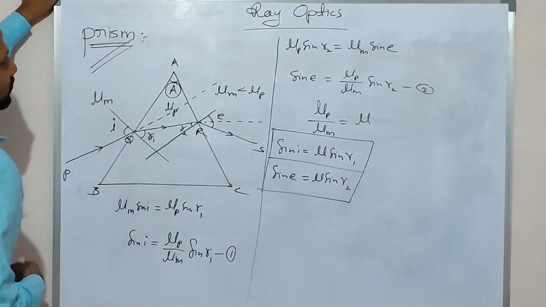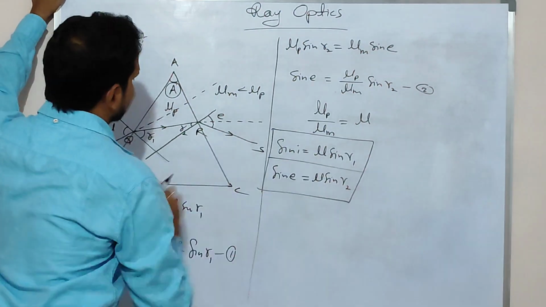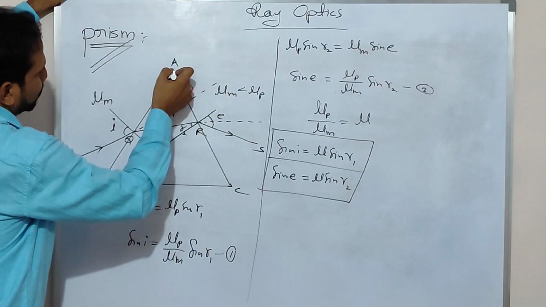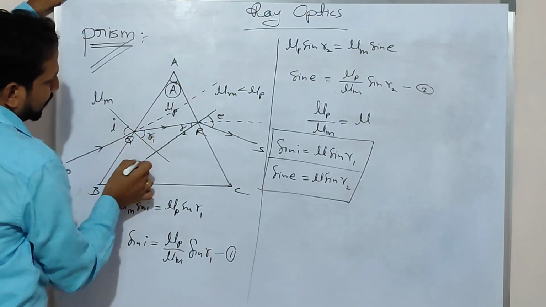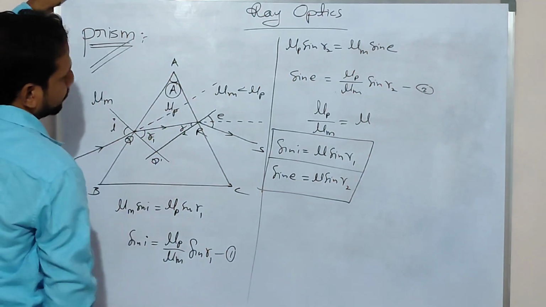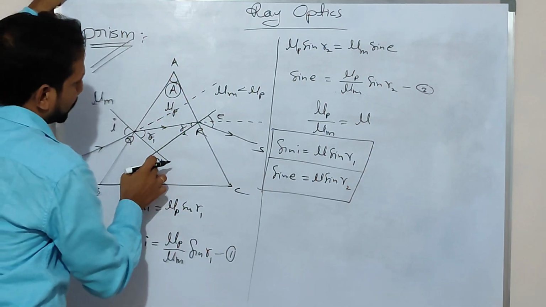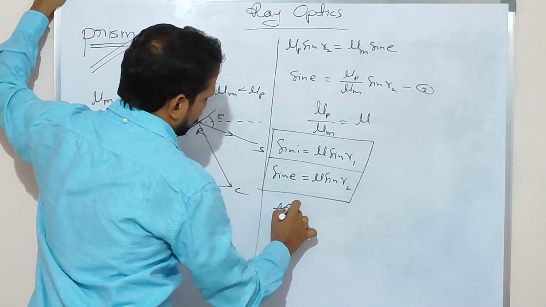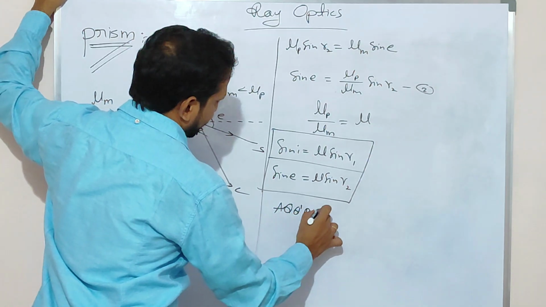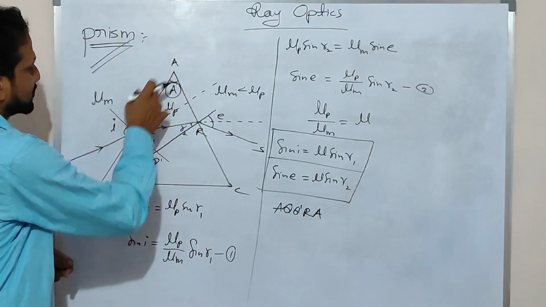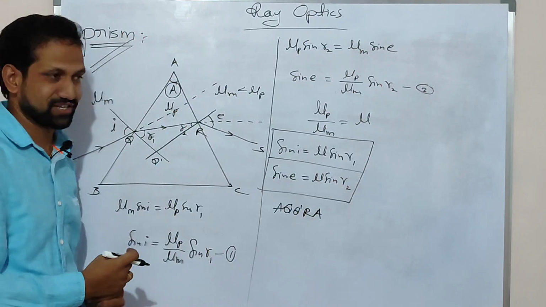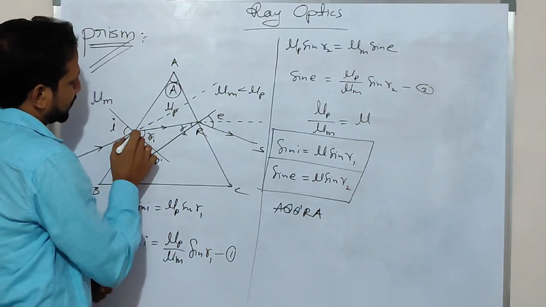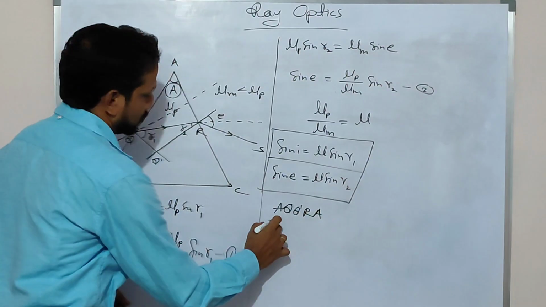One more thing: these are the two equations you got, and from the geometry, A Q, Q prime, R and A is a quadrilateral. Let it be Q prime. The sum of the angles in this must equal 360, and this angle is going to be 90 degrees because it is normal.